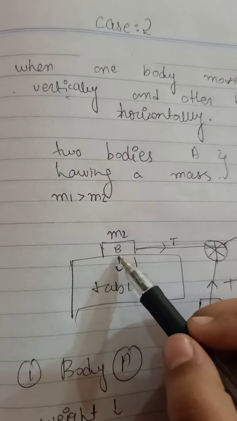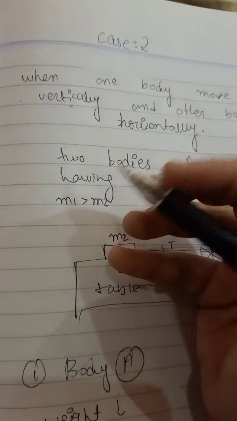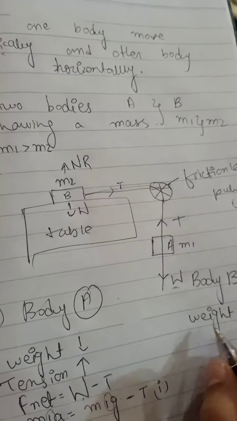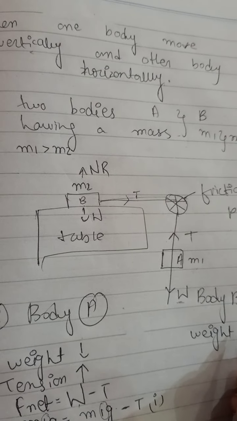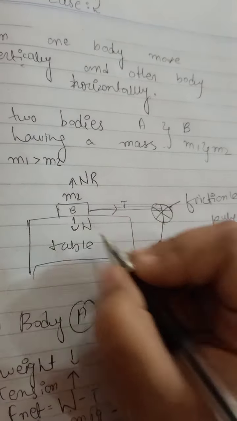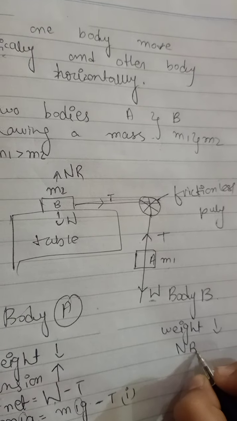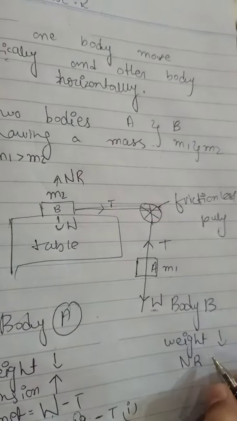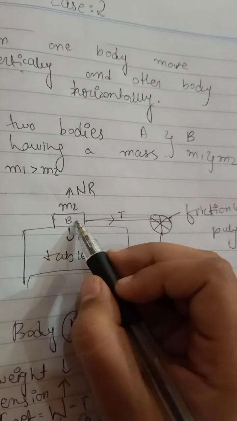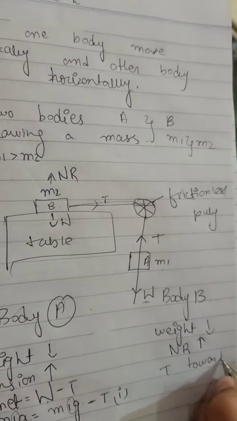So here there is an action on the body, so there will be an opposite reaction too. So we can write the normal reaction. The weight of body B is downward and the normal reaction is upward, and the tension is toward the pulley.